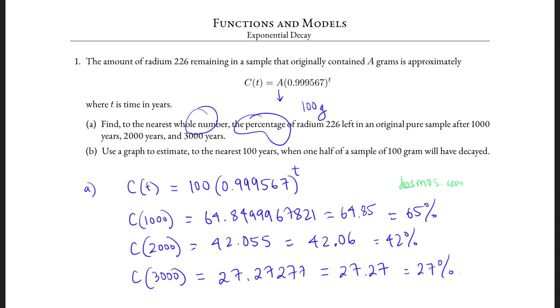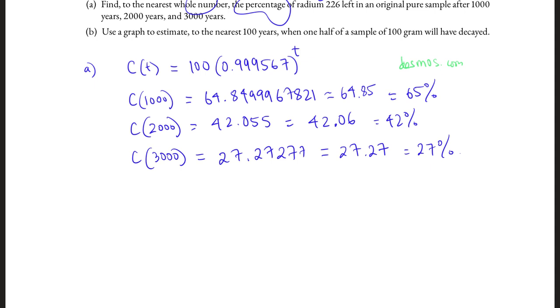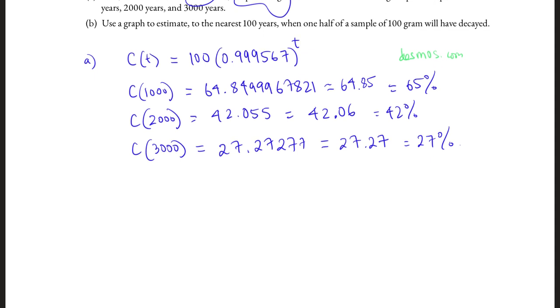Use a graph to estimate, to the nearest 100 years, when 1/2 of a sample of 100 grams will be left. In this case, if we were to use Desmos.com again, then on the graph, we simply type C of T equals 100 times 0.999567 to the power of T. And on the second line, we grab another equation.